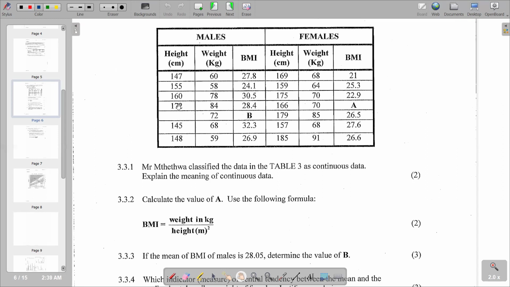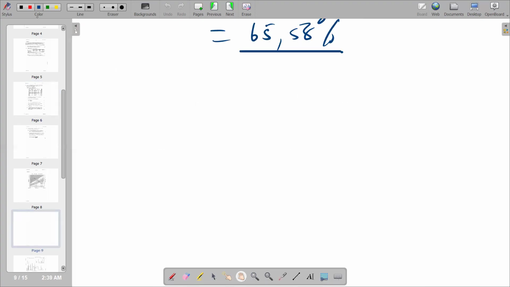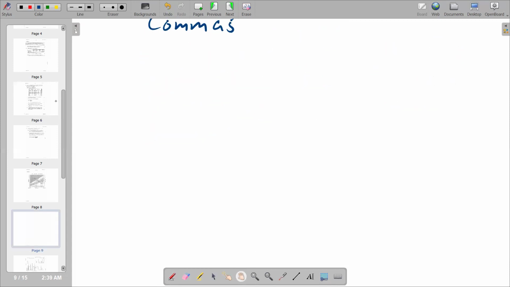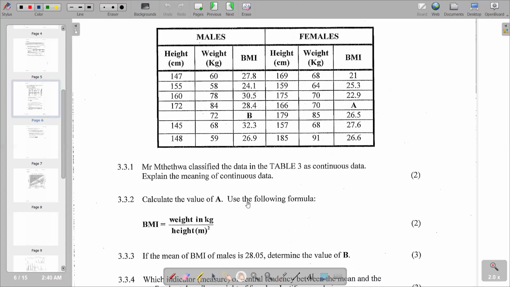So basically, we're saying it's an infinite number of possible values. But the simpler explanation that we can give is to just say it's continuous data that has decimal commas.